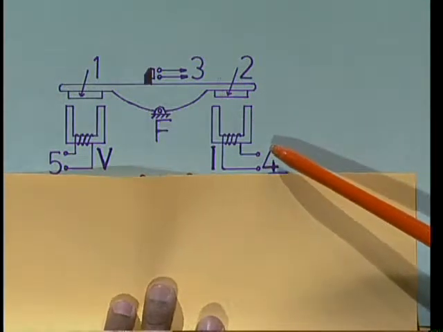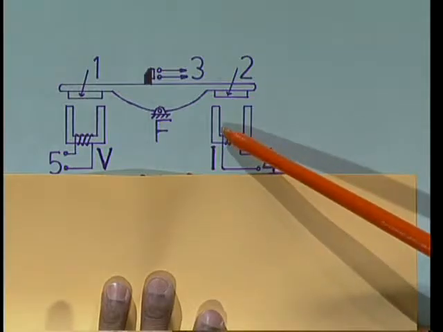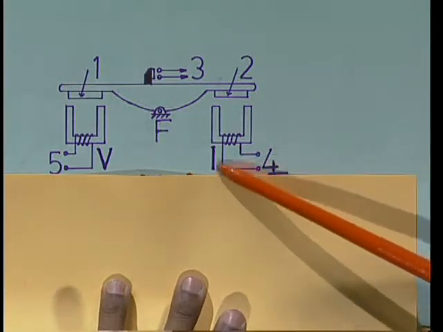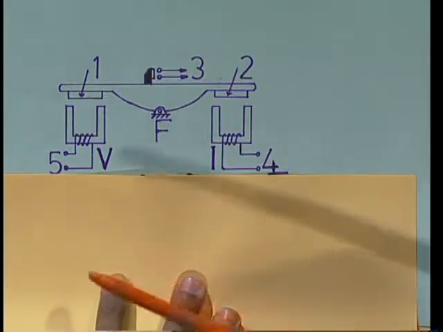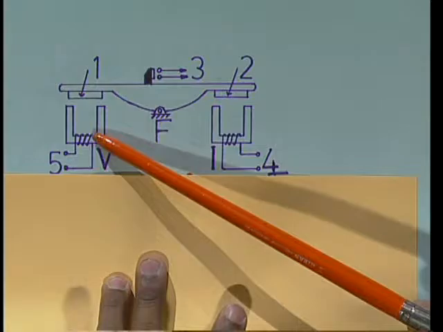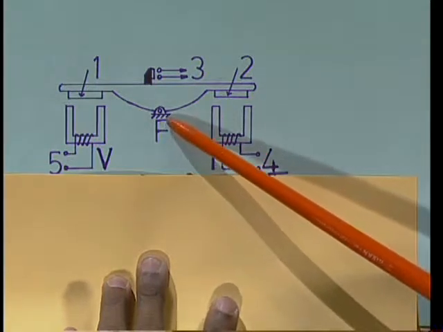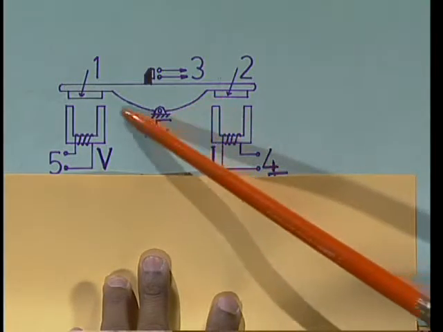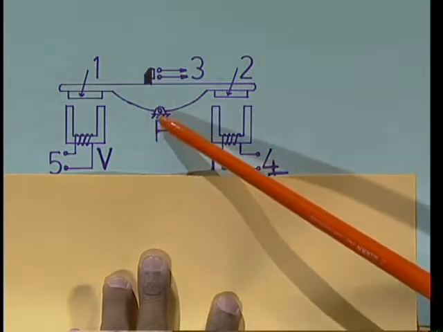Fourth one is the current excited electromagnet. Fifth one is the voltage excited electromagnet, and here it is a pivot. This is the pivoted beam.